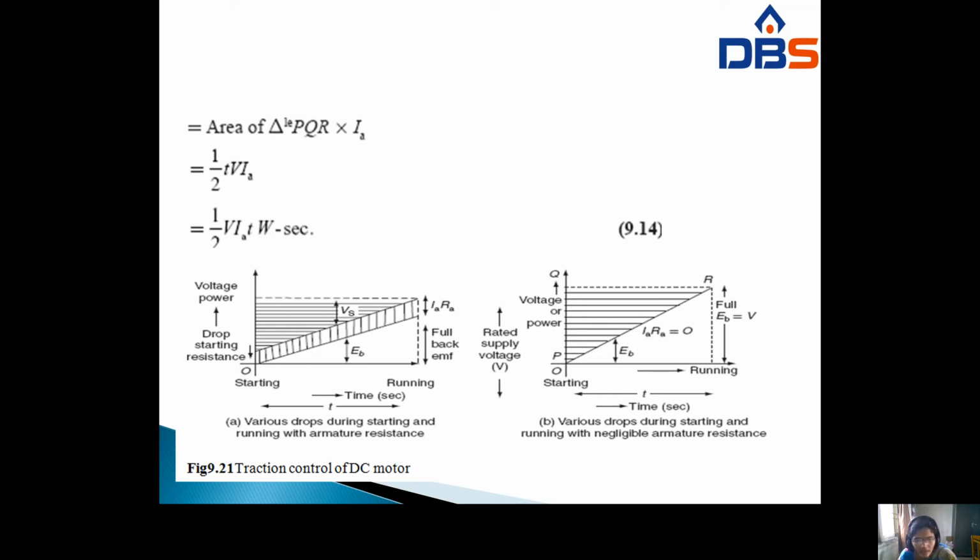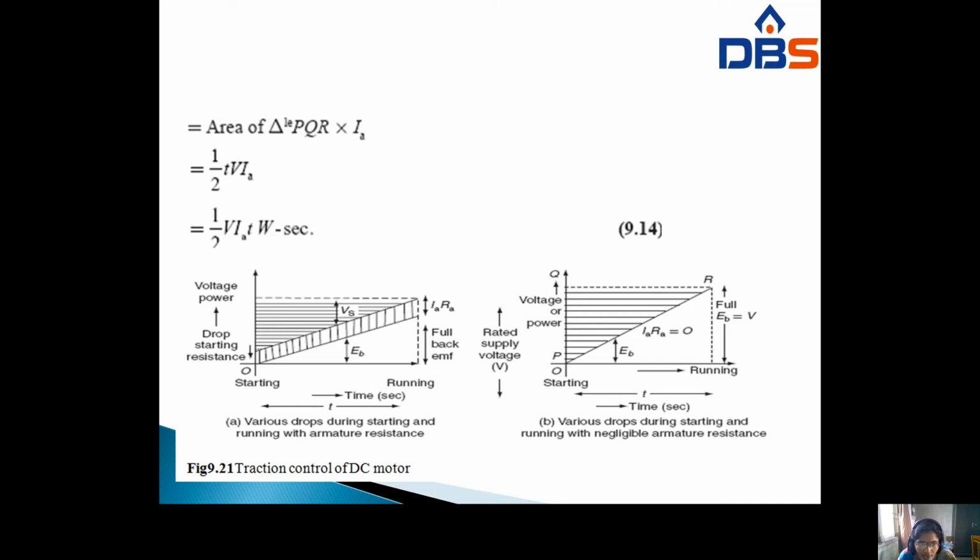See, various drops during starting and running with armature resistance, and various drops during starting and running with negligible armature resistance. Here the armature resistance Ra value will be 0. Here you can assume a triangle PQR.